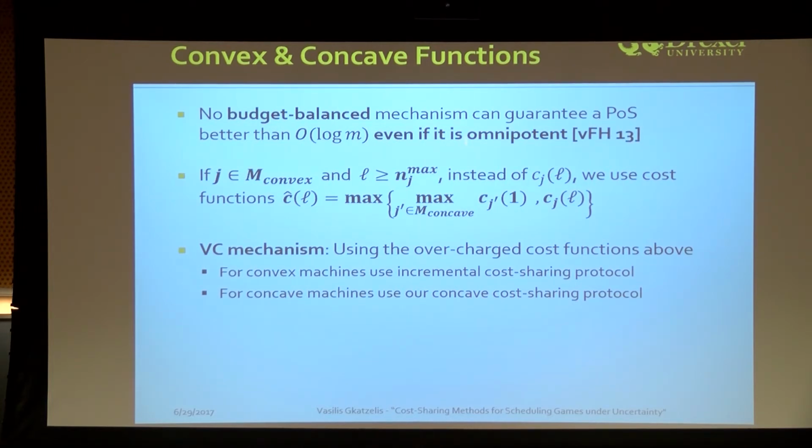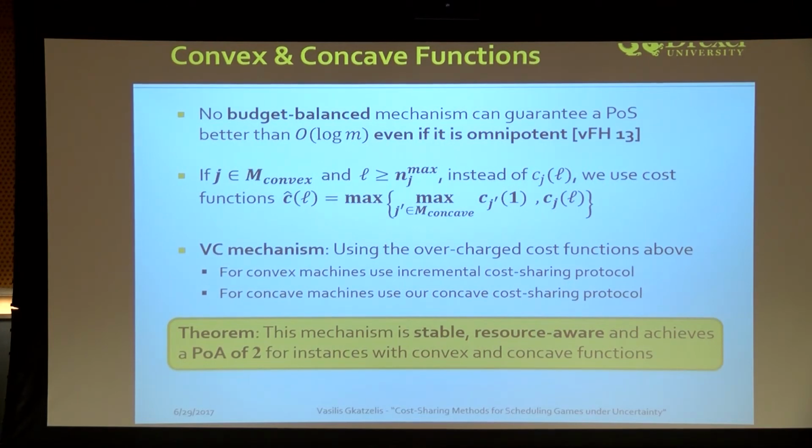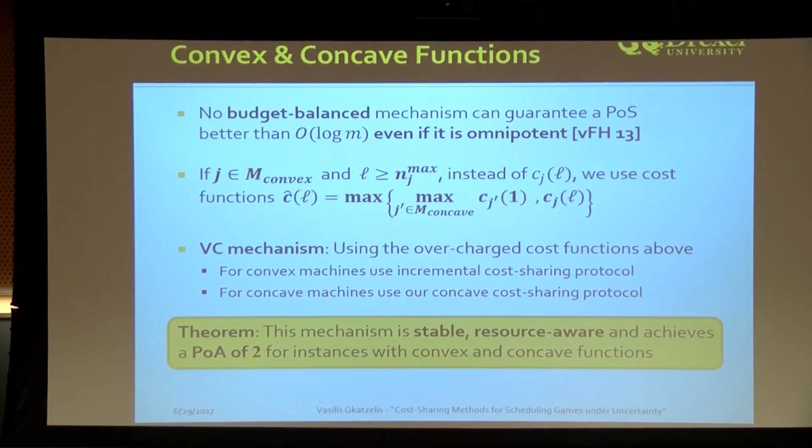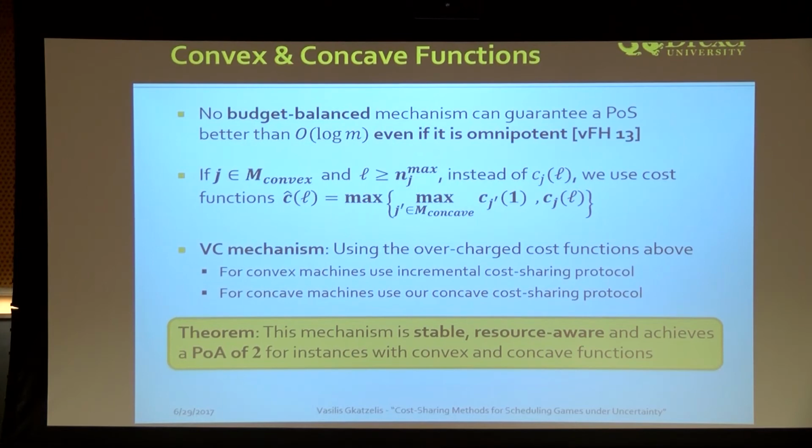On these overcharged costs, it achieves a price of anarchy of 2. It's non-trivial to use this extra information, which we have because we know what other machines are available in the system; how to leverage it to get better price of anarchy is not obvious. Here we also need to leverage overcharging, which I think is very reasonable. We're not undercharging but overcharging; if it improves the price of anarchy despite the extra costs, why not?